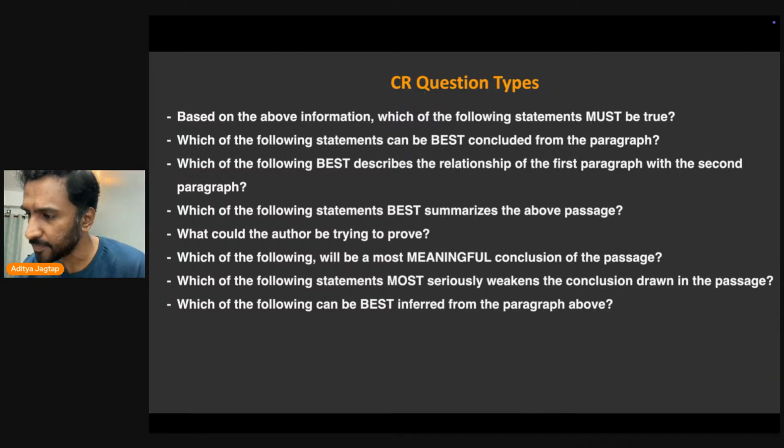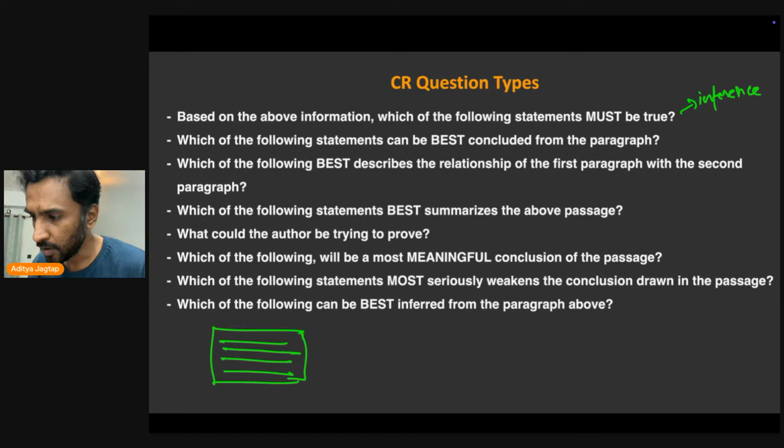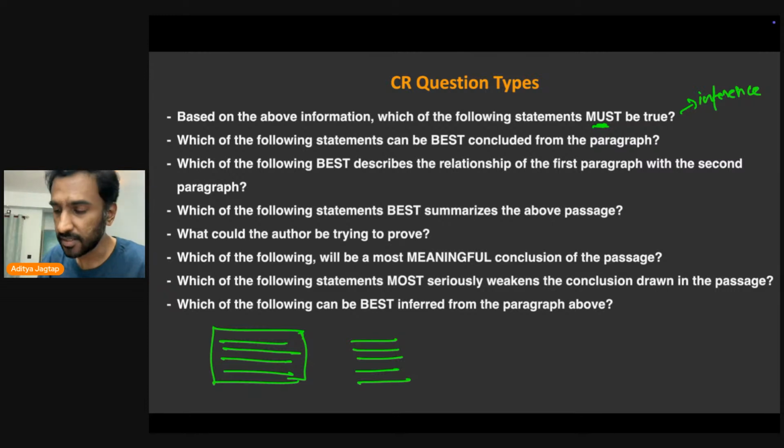The question type here is basically, we can call this an inference question type. It's saying, based on the information in this passage, which of the following must be true, meaning that there are four options given, or five options, and these options would each have some word which is problematic.